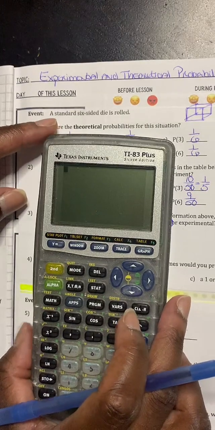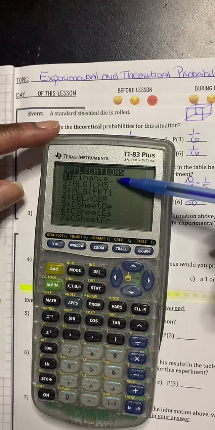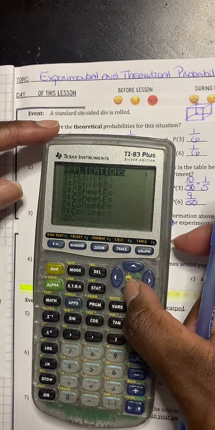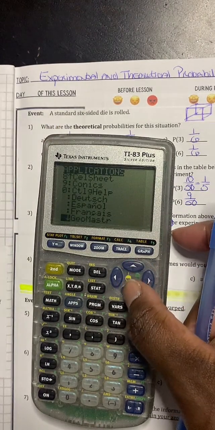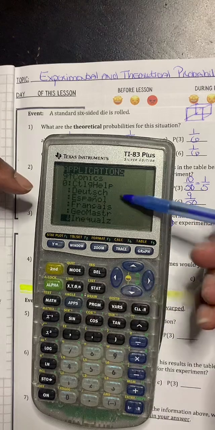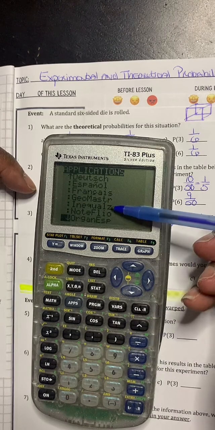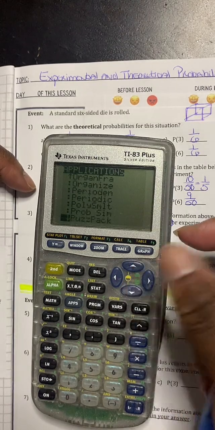If I go to apps, it will give me a whole series of things that this calculator does. It's almost like your phone. Everyone thinks it's just a phone, but no, it does stuff. It can change the language, and you can deal with inequalities a little bit more. You didn't know that you had all this, right?